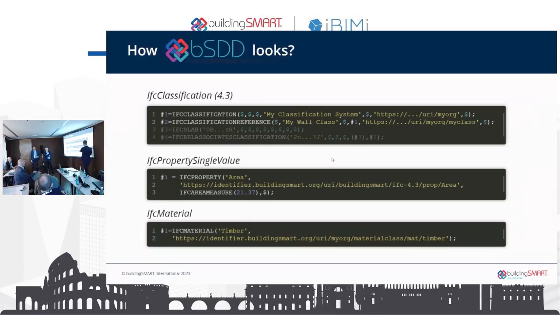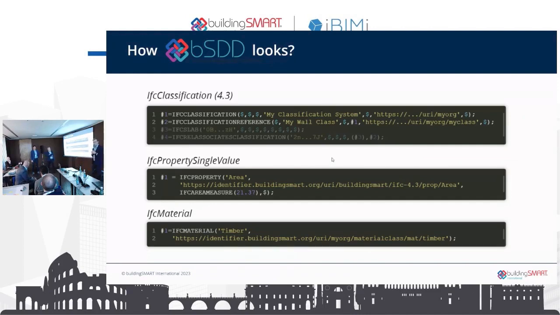This is an example of a URI, and it says where this information is coming from. Who is the owner of this concept or of this information? What is the classification name, version? And then, for example, properties are stored under prop, and you have the name of it. So you can think of the whole link, and specifically this code at the end, as the identifier.